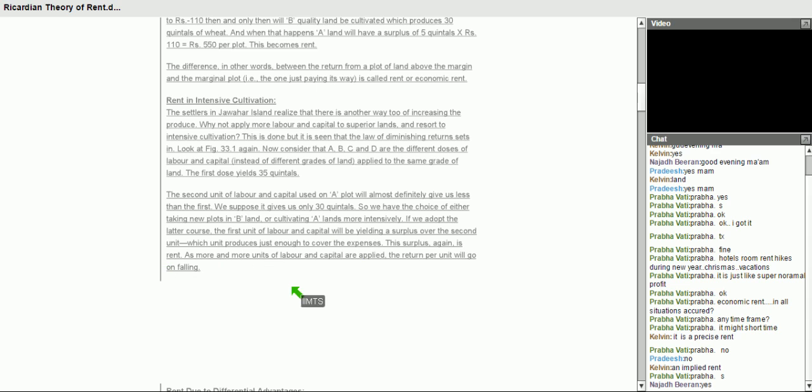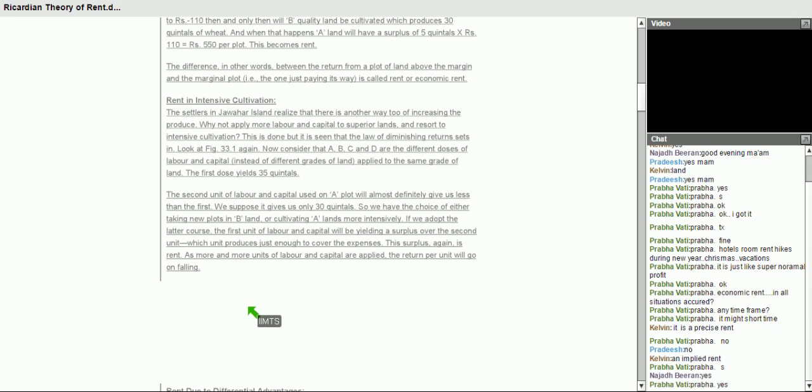As more and more units of labor and capital are applied, the return per unit will go on falling. As per the law of diminishing marginal utility, as more and more things get in, the productivity or the outcome goes down. The same thing is happening over here.